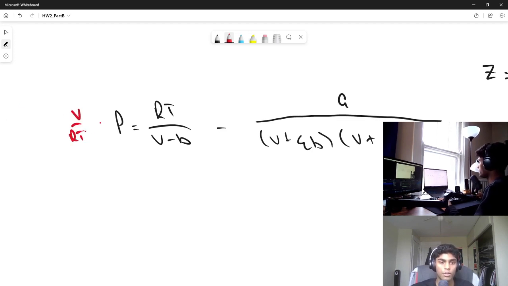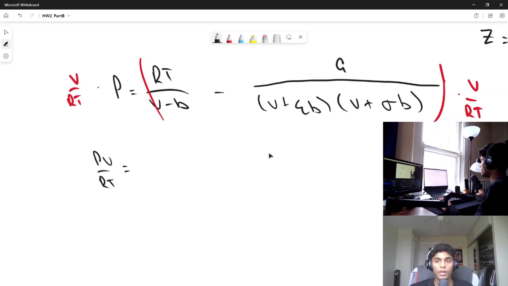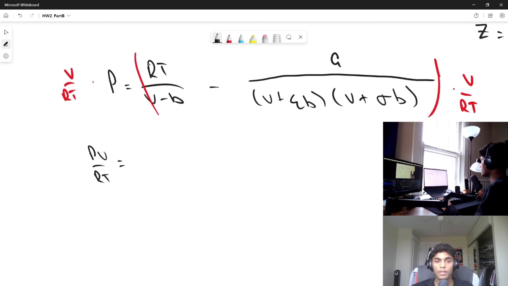V over RT, and then this entire thing is also going to be multiplied by V over RT. So what we end up getting here is PV over RT is equal to, if we multiply this one by V over RT, we're going to end up canceling out the RTs, but let's just write it all out for now.